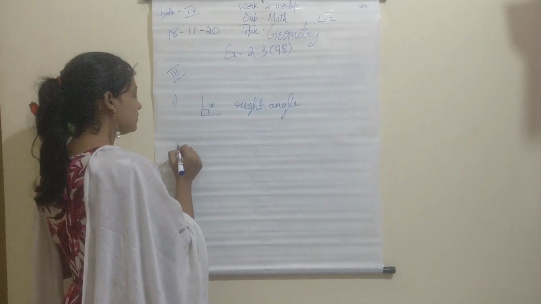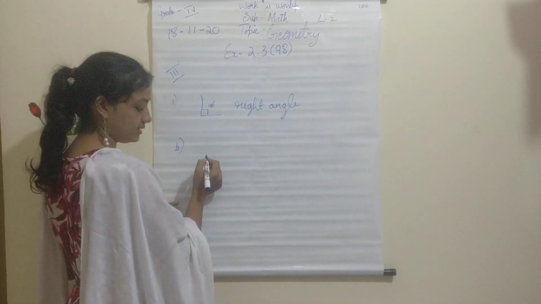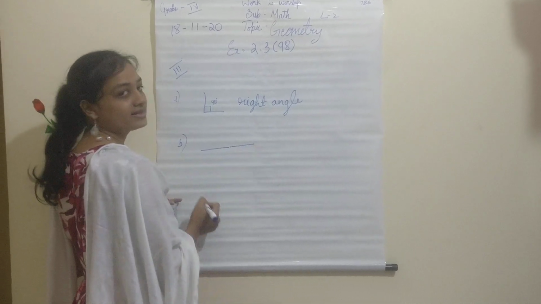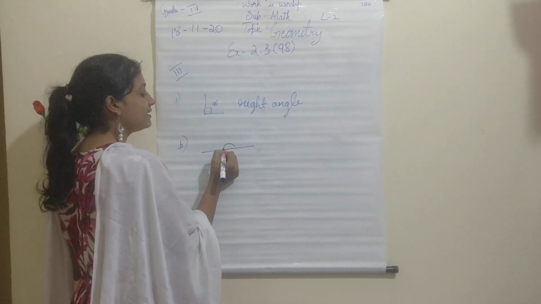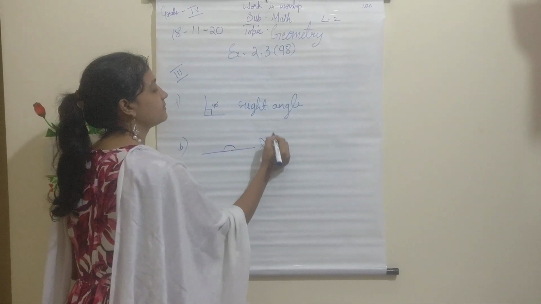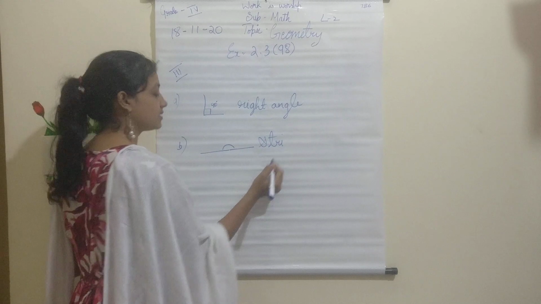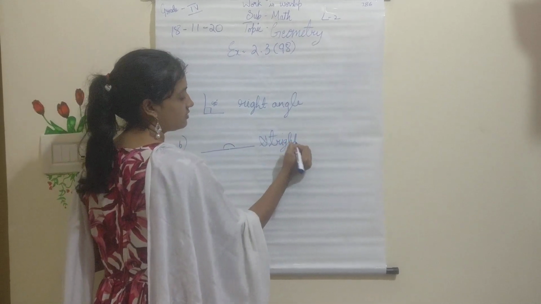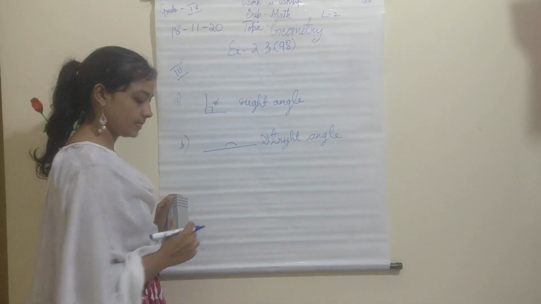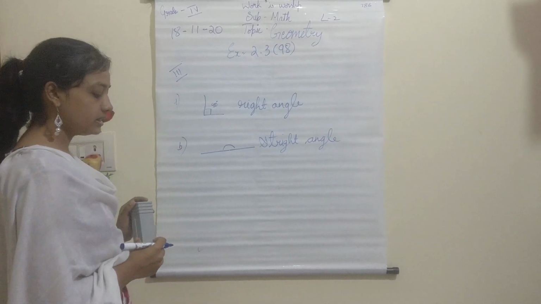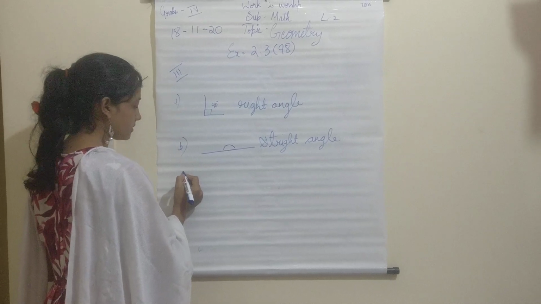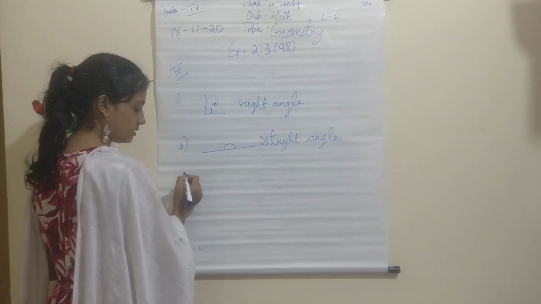And the second one has the arms facing like this. So what is the angle here? It is straight angle. And the next one is C1.